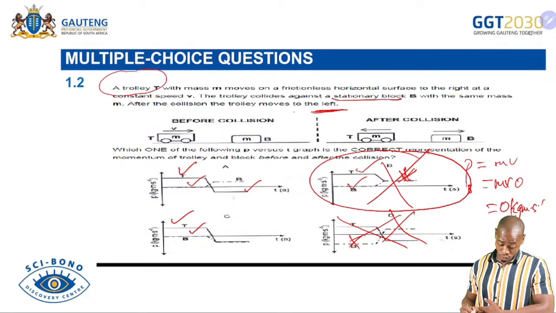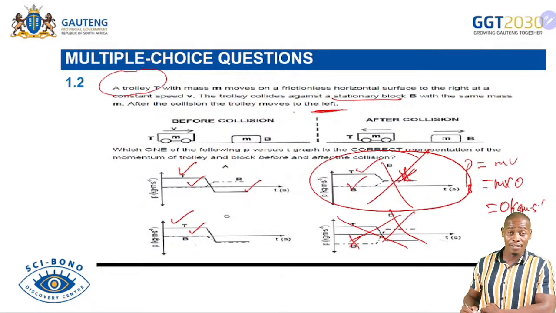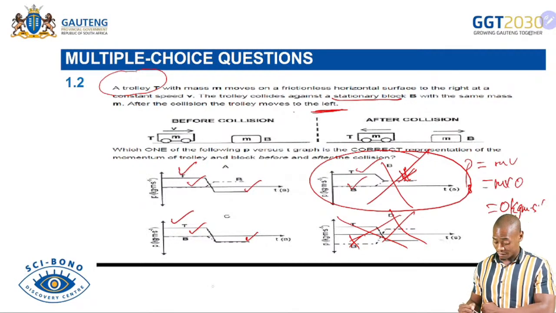For A, the final momentum of the trolley is to the left, and for option B, it is above the horizontal axis, so it's to the right, so it's out. Let's check option C. You can see it's to the left for option C. So for now we have option A and option C.